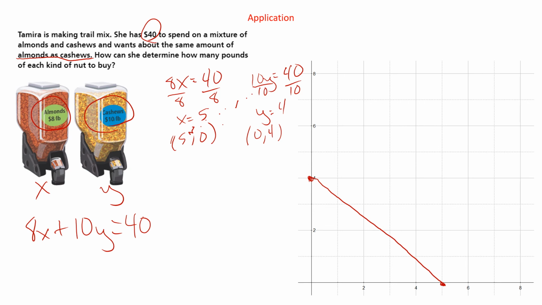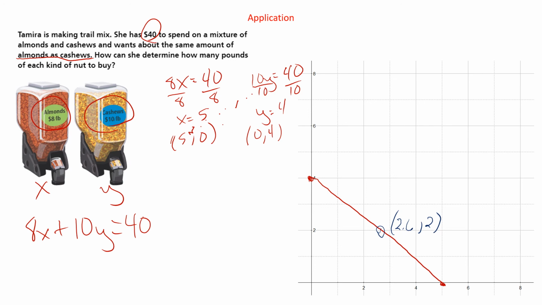Now we want to know how many pounds of each can she buy. She wants them to be about the same. So about the same is going to be kind of in the middle. So we have a point like right here where she has 2 pounds of cashews, and it looks like 2.6-ish or so pounds of almonds.